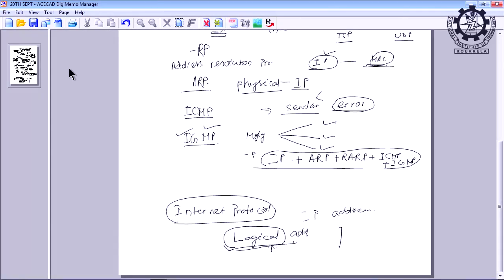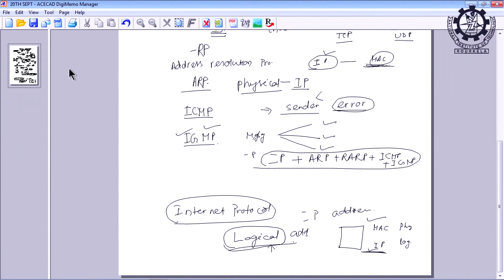Every host in a network has two addresses: the MAC, which is the physical address, and the IP, which is the logical address. The MAC is fixed during manufacturing. We cannot change that unless you change the NIC card. But the IP address changes if you move a host from one building to another or one room to another.